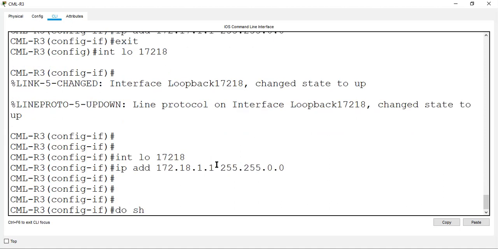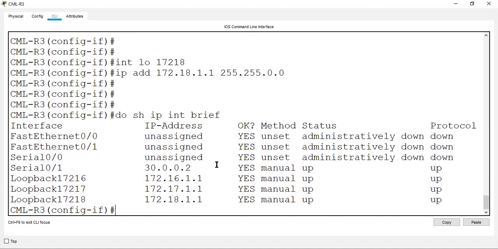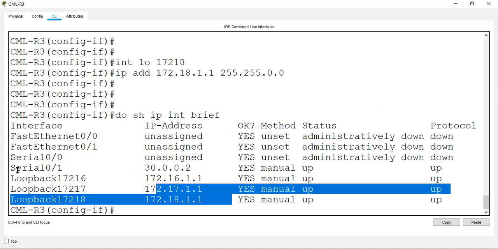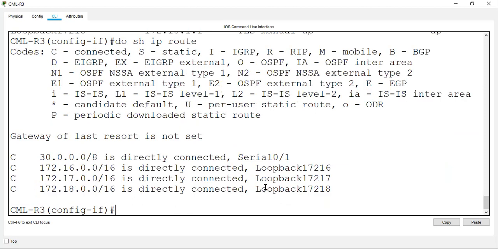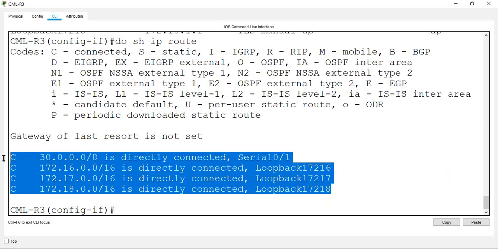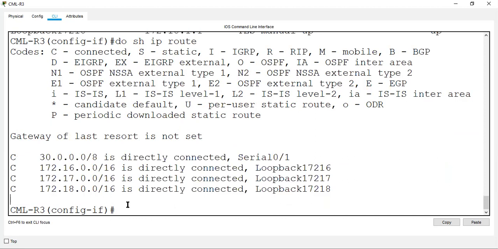Do show ip int brief. Here you can see that you have one serial interface connected towards R2. Then you have 3 loopback interfaces. Do show ip route. You can see that only connected networks are mentioned in R3. So you cannot ping any unknown network.